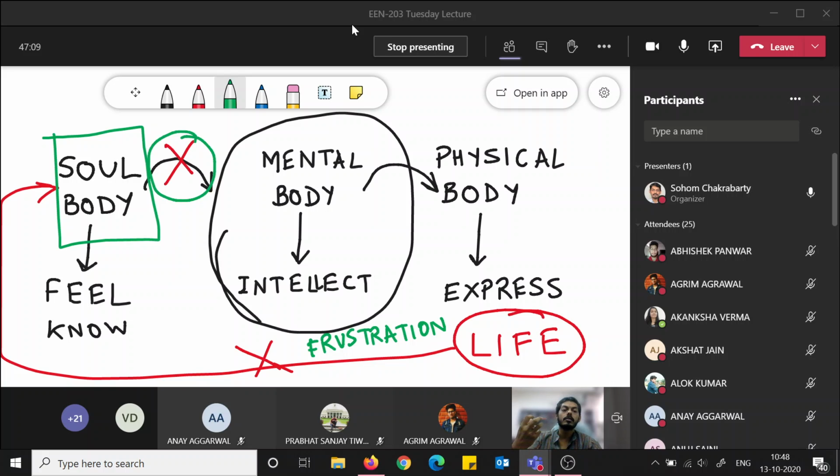What you actually are, you need to understand that. Our understanding is limited to our physical body and mental body, but there is an intermittent push that comes from our soul in order that we actually start recognizing it.